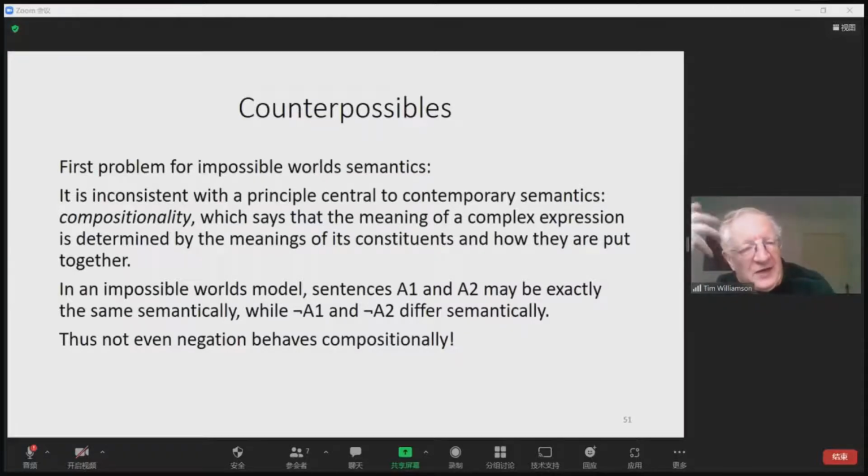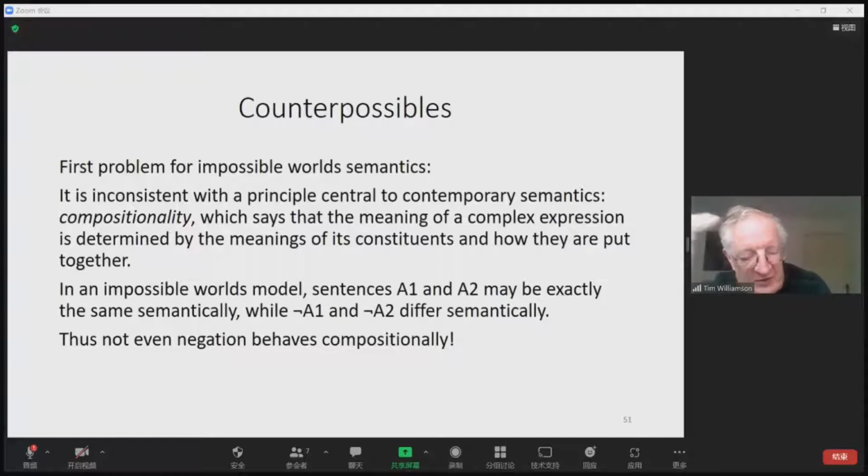if you're looking at a particular model within this framework, then the meaning of a sentence will be, roughly speaking, the set of worlds where that sentence is true. Because of the way that this semantics is done, sentences A1 and A2 may be exactly the same semantically. In other words, they have the same meaning, while not-A1 and not-A2 differ semantically.